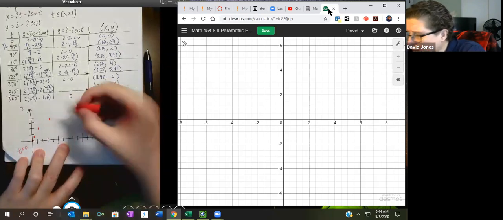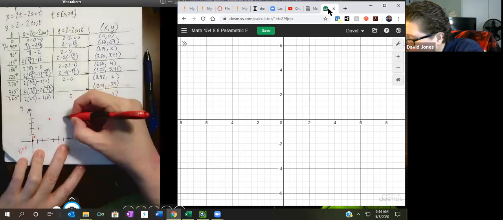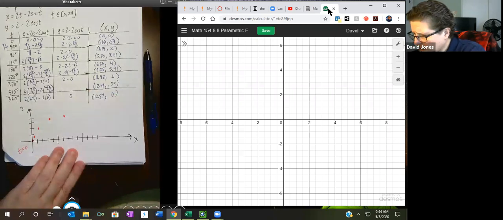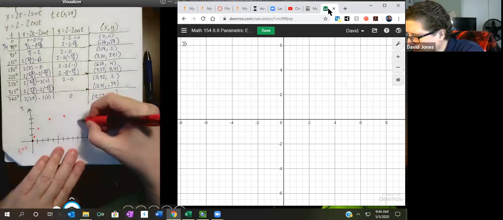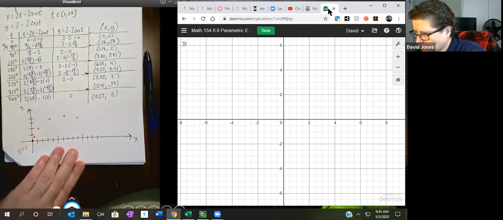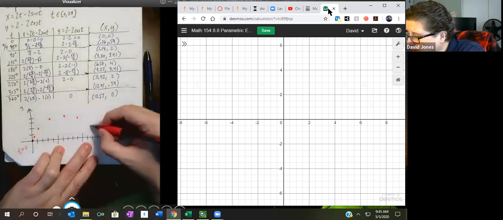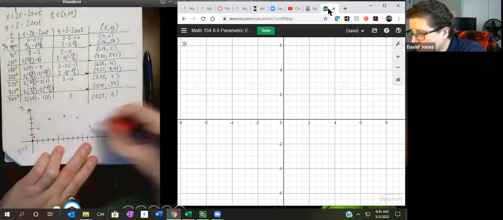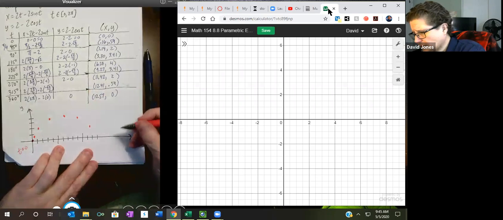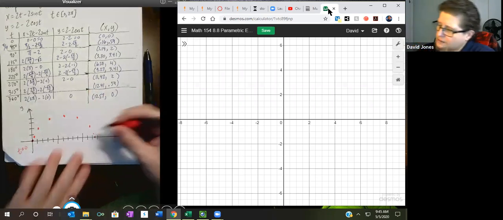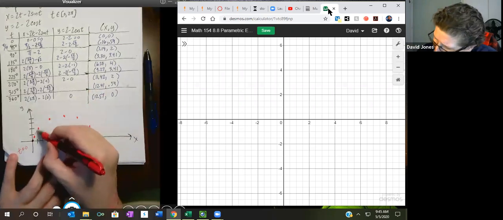At 6.28, we cap at 4. And then it starts to come back down, 9.27. 11.42 is at 2. So it's going like this.